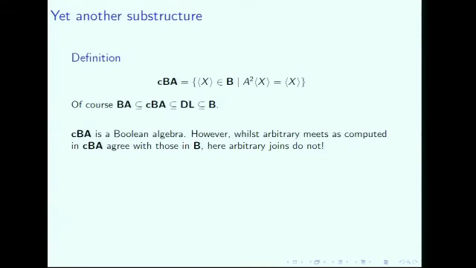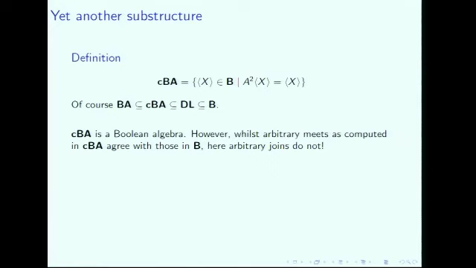Okay, so now with that complement defined, we define CBA to be those spectra such that the complement squared gives the spectrum back again. And then it follows from simple algebra and what I've already said that BA is a sublattice of CBA, is a sublattice of DL, is a sublattice of B. And CBA is a Boolean algebra.